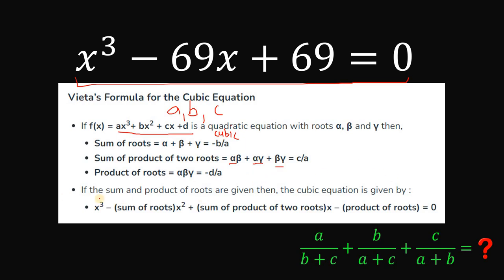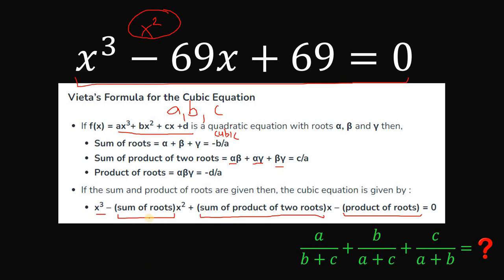Or we can use this generalization. If the sum and product of the roots are given, then the cubic equation is given by x cubed minus the sum of the roots times x squared plus the sum of the products of two roots times x minus the product of the roots, equals 0. Now we can use this concept because take note that we don't have an x squared term in our cubic equation.